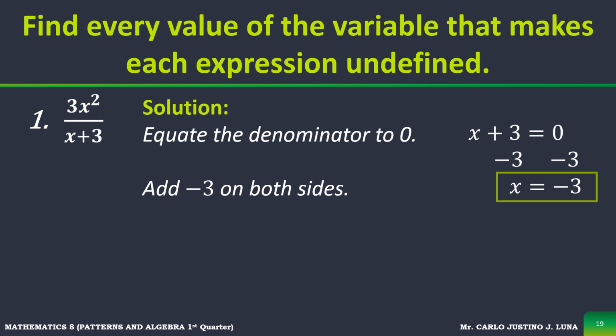So now what's our domain for the given expression? The domain is x such that x is not equal to negative 3. Ibig sabihin, kahit anong value, kahit anong number ang ipalit natin sa x, pwede. Maliban lang sa negative 3. Okay? Understood? Very good.